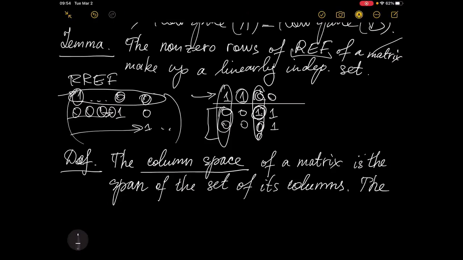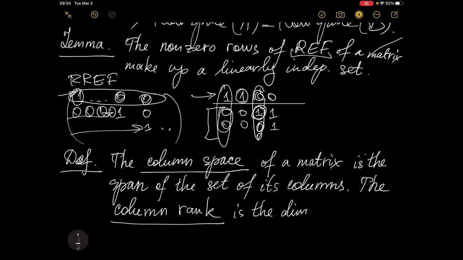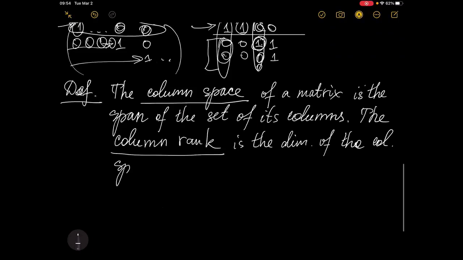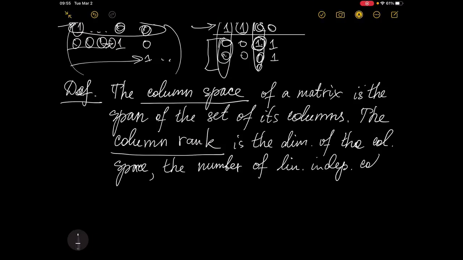And consequently, the column rank is the dimension of the column space, which means the number of linearly independent columns.